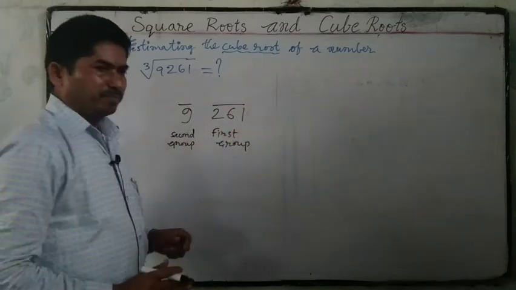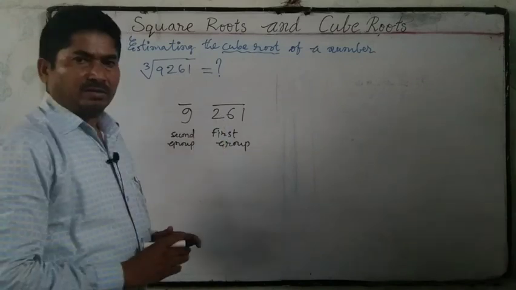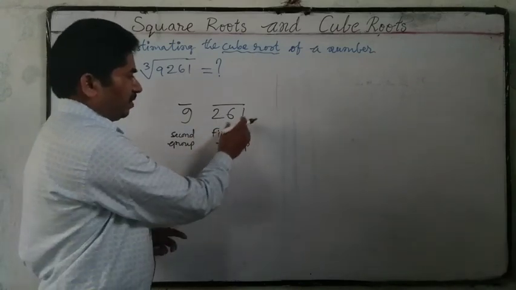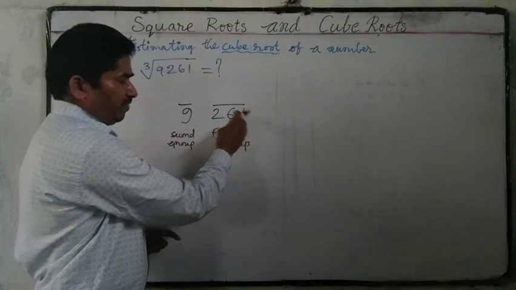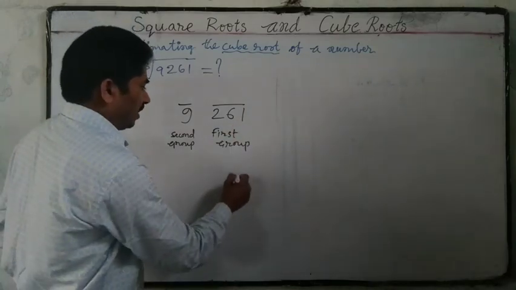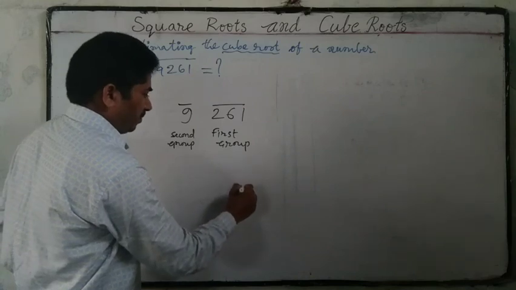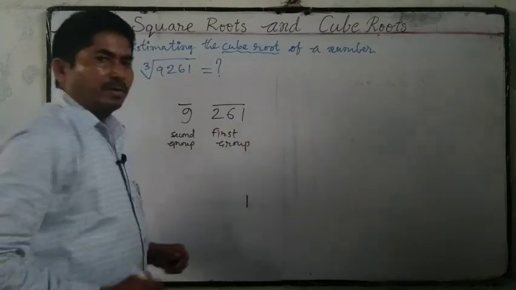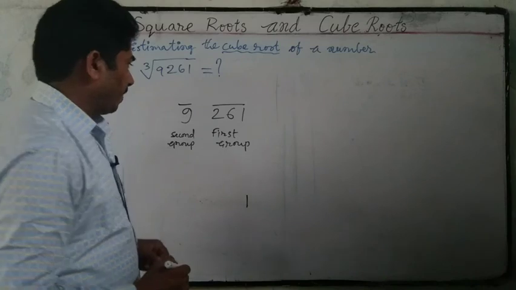In the first group, we take the cube root of this first group. In this cube number we have 1 in the units digit, so in the cube root number also we have 1 in the units place.